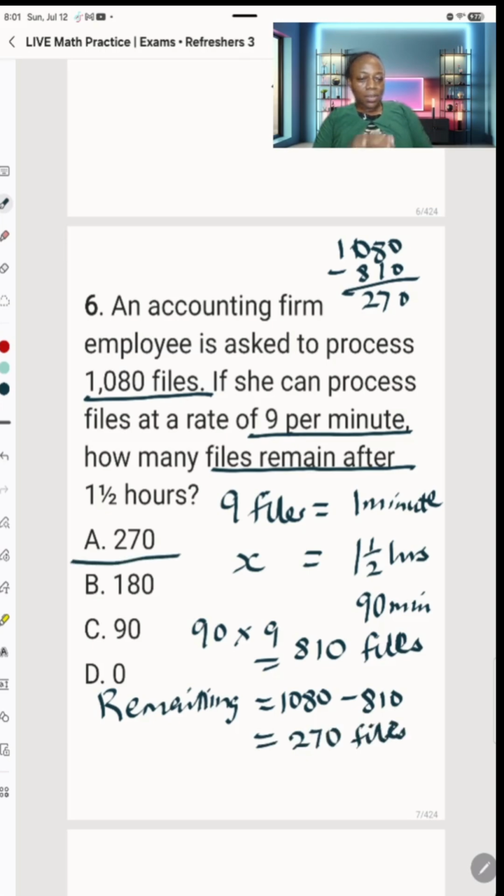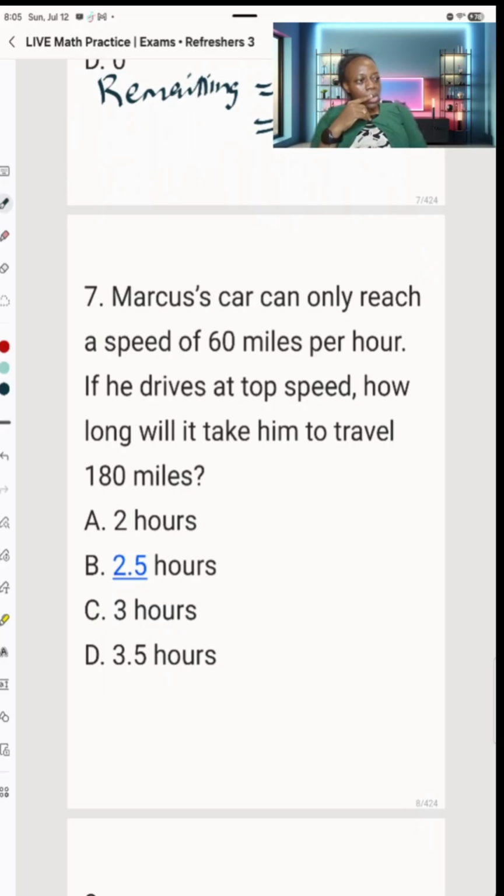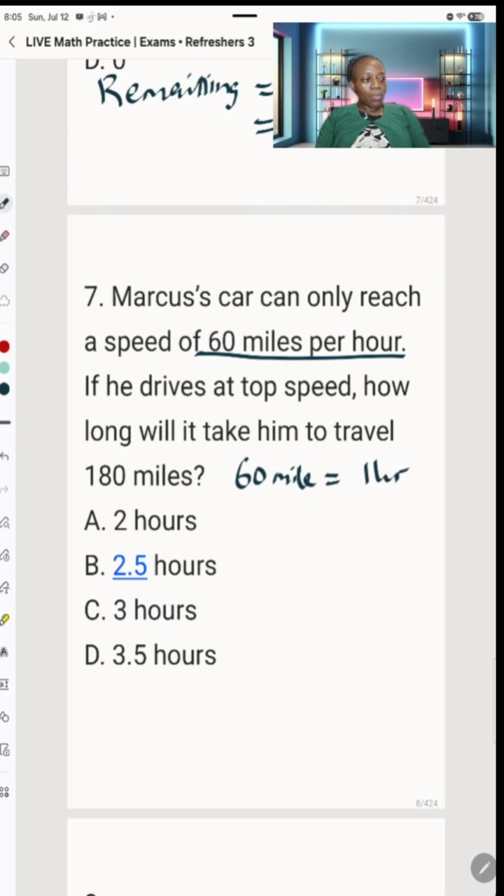Marcus' car can only reach a speed of 60 miles per hour. In 1 hour, 60 miles. If he drives at top speed, how long will it take him to travel 180 miles? So we have 60 miles in 1 hour.